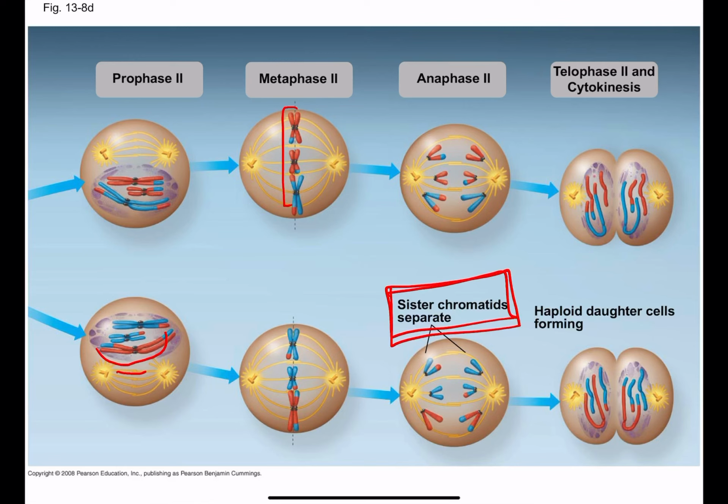In anaphase 2, those sister chromatids separate. See them? The sisters are being pulled apart. And then in telophase 2, in cytokinesis, we form haploid daughter cells with half the amount of chromosomes. Again, that's really important.